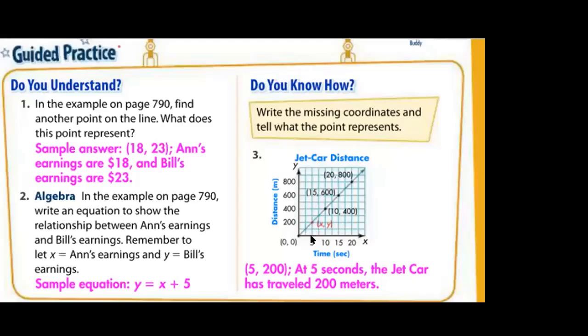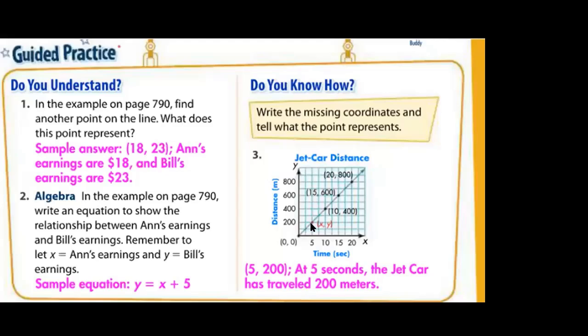Yes. So X here will equal 5. The second one has another line dropped to 200 directly. So Y will equal 200. So my answer here will be the ordered pair 5 and 200.